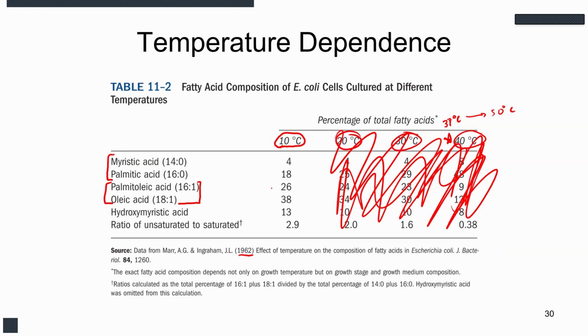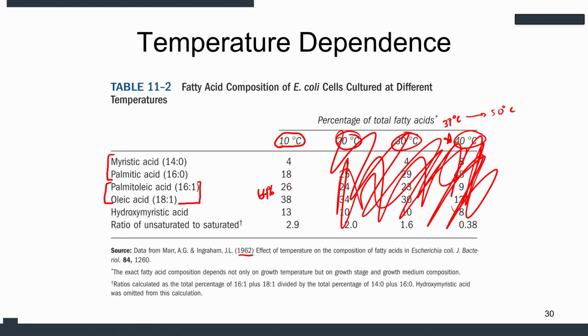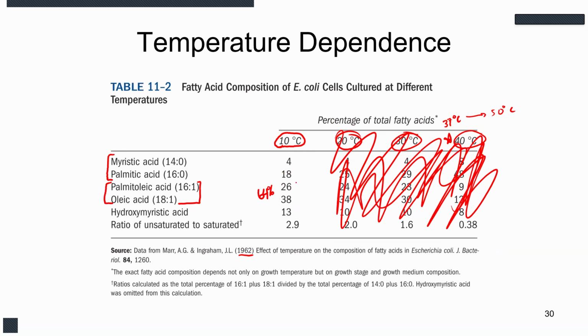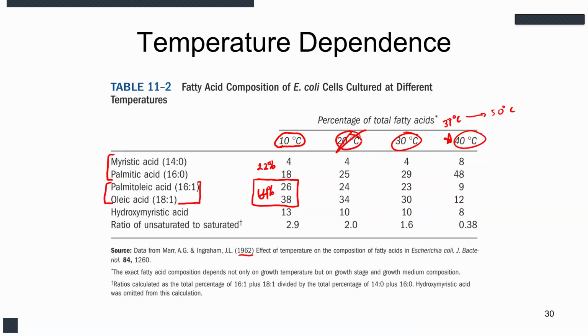So it's more liquidy. Now here what we have is the percentage of the total fatty acids in those cells of palmitoleic acid and oleic acid. And that'll be 38 plus 26, that's 64% of the fatty acids when E. coli is grown at 10 degrees Celsius. 64% is made up of monounsaturated fatty acids compared to 22% that are saturated fatty acids.